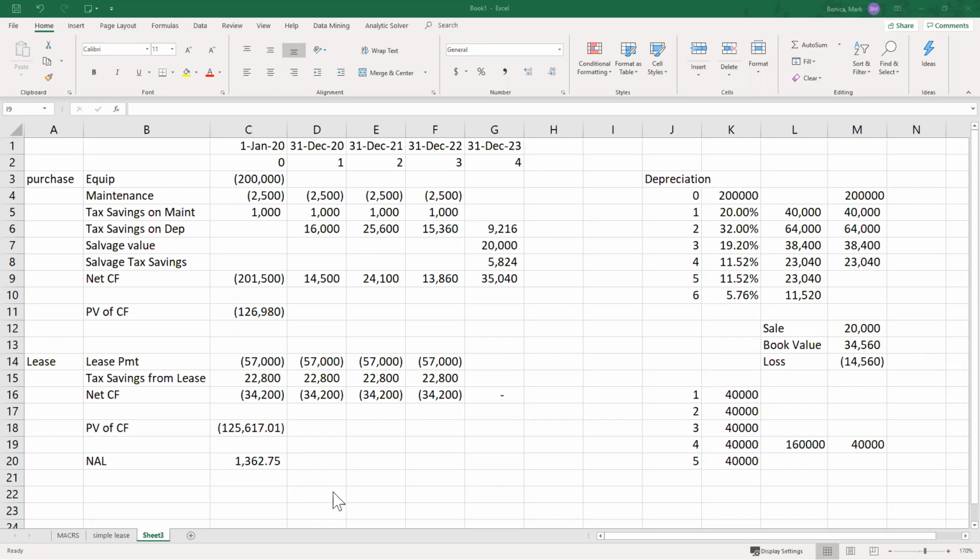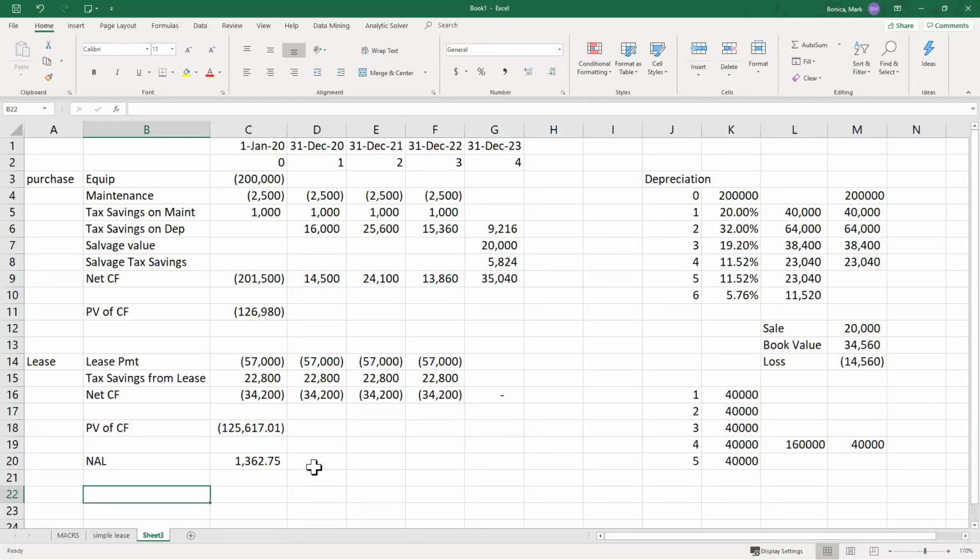Okay, so the last thing we're going to do is, instead of doing a comparison of the NAL, using the present value and effectively the NPV to calculate the net advantage to leasing, you can instead do an IRR calculation.